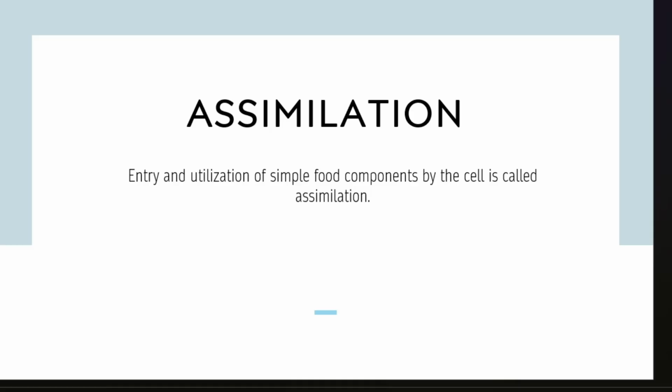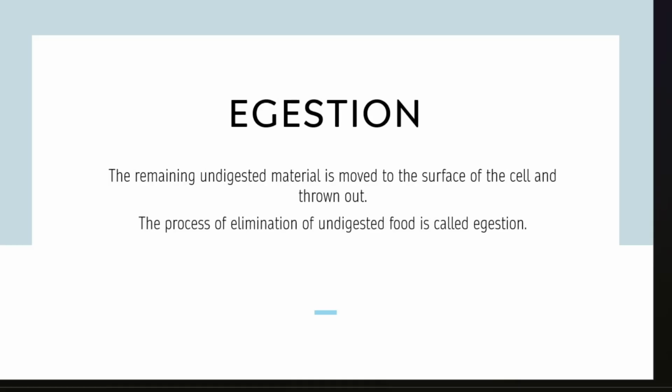Now in the next step, which is your final and last step, that is ejection. Ejection, the word is also explaining itself. What is ejection? Eject means to remove something. Okay, so the remaining undigested material, or you can say the waste material, the excreta, is moved by the surface of the cell, or you can say thrown out.